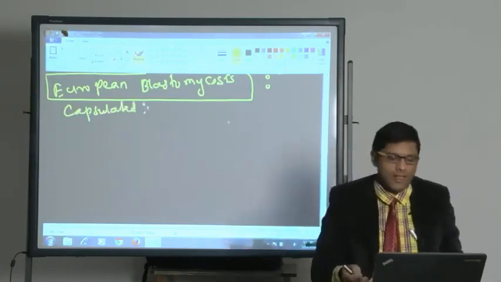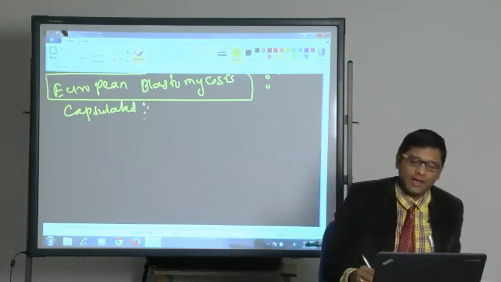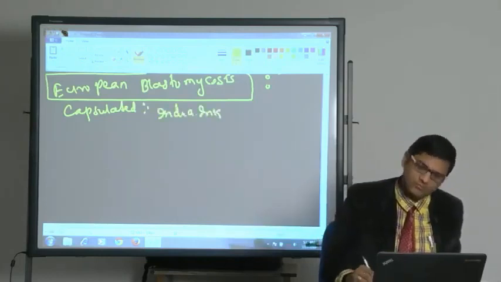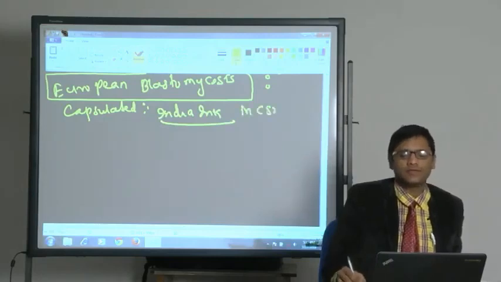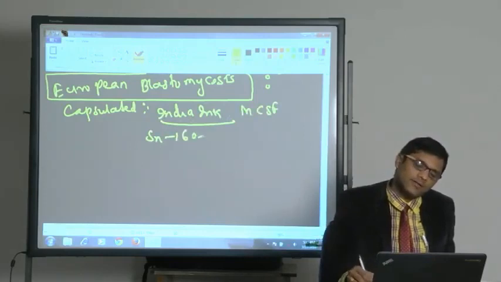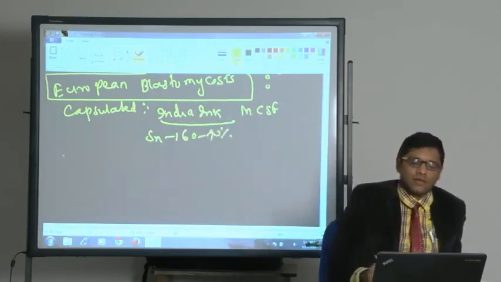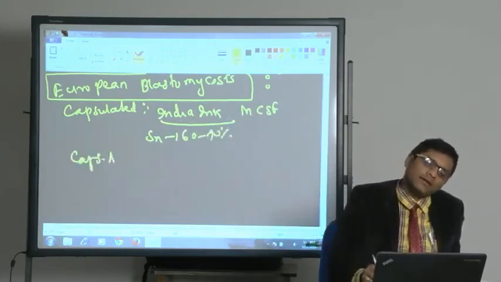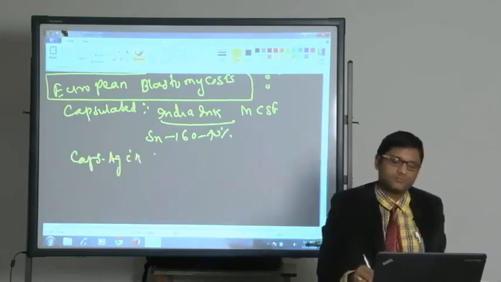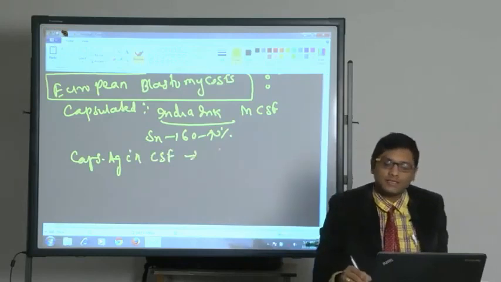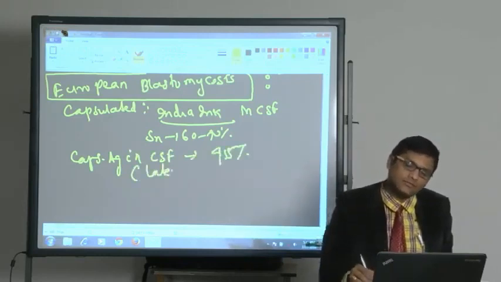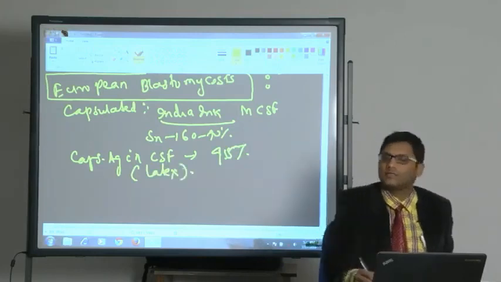The capsule can be detected by India ink test. India ink test in CSF is done to detect the capsule, which has a sensitivity of 60 to 70%. Apart from that, you can detect capsular antigens in CSF, which has a sensitivity of 95%. This is done by latex agglutination test.